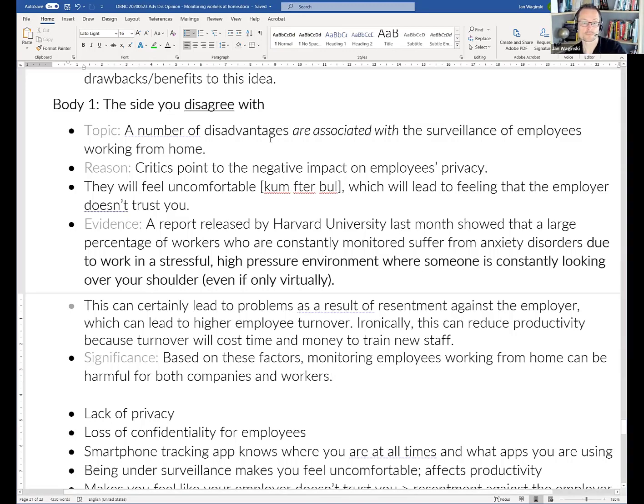Let's see how this reads. A number of disadvantages are associated with the surveillance of employees working from home. Critics point to the negative impact on employees' privacy.